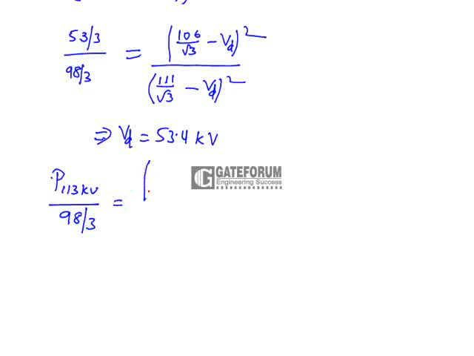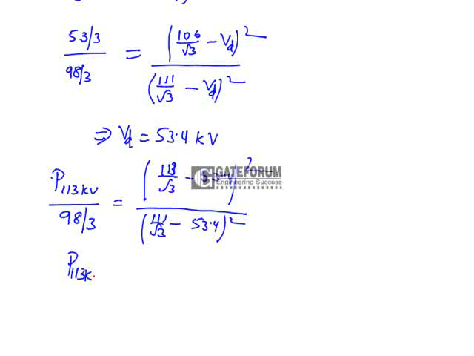This is equal to (113/√3 - 53.4) whole square divided by (111/√3 - 53.4) whole square. When you find this, the corona loss at 113 kilovolts is nearly 40 kilowatt.